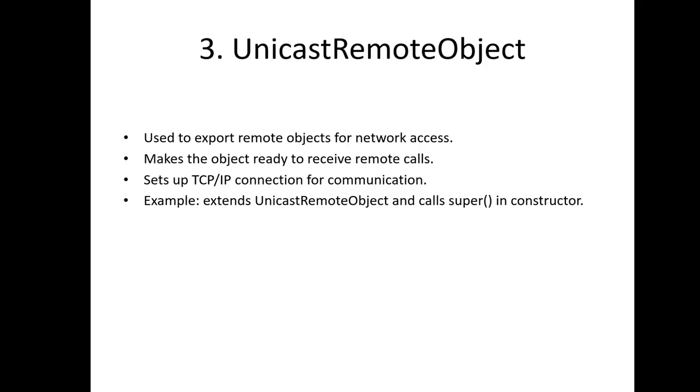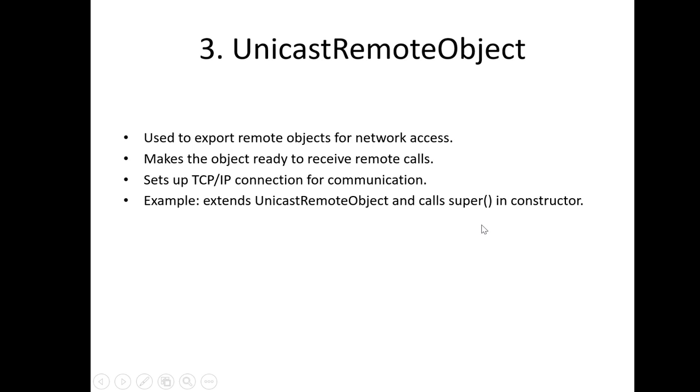And when we create our remote class, it must extend UnicastRemoteObject, and at the same time we usually call super in the constructor. It is needed because it exports the object at runtime. It's like saying Java should make this object available for incoming calls.